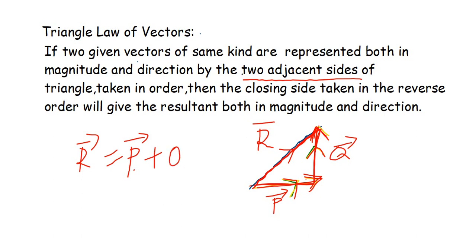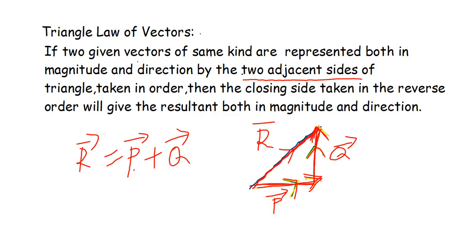What is the triangle law of vectors? If two given vectors of the same kind, whether velocity vectors, force vectors, or position vectors, whatever they may be, represent the two adjacent sides of a triangle, and those two vectors, P bar and Q bar, are in the same order, then the closing side of the triangle in reverse direction gives the resultant of those two vectors both in magnitude and direction.